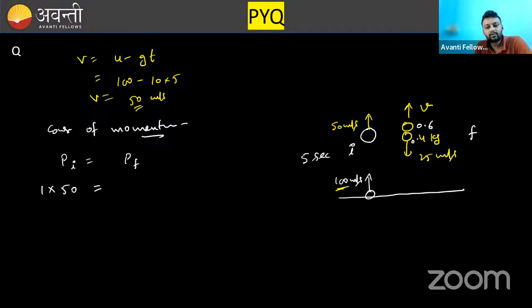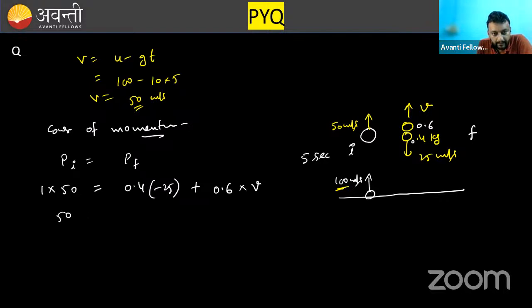Why? Because the total should be 1 kg. So that is 0.4 kg, and this mass is moving downward with 25 meter per second, that is minus 25, plus the second mass is 0.6 and it is moving with velocity v.